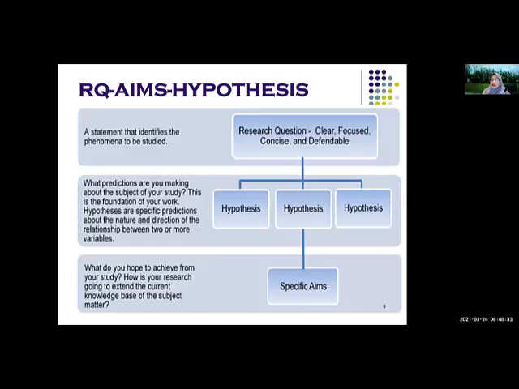This is the foundation of your work. Hypotheses are specific predictions about the nature and direction of the relationship between two or more variables that you want to test. The aim: what do you hope to achieve from your study? How is your research going to extend the current knowledge based on the subject matter?